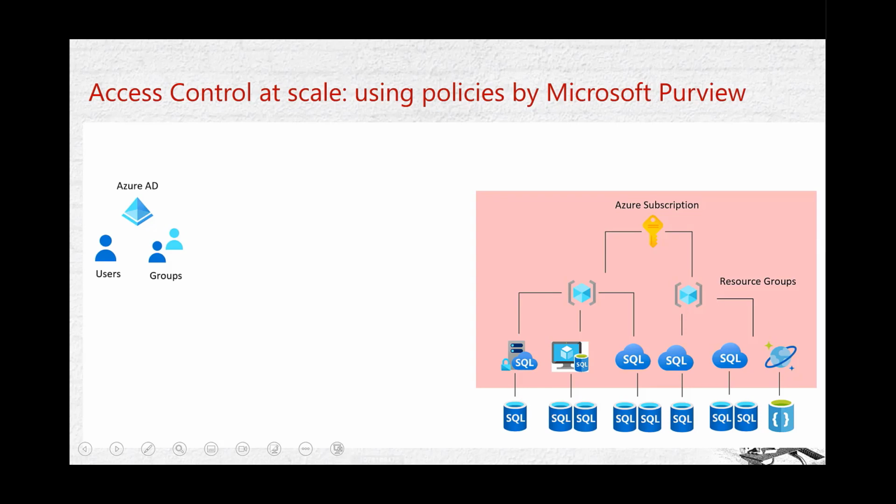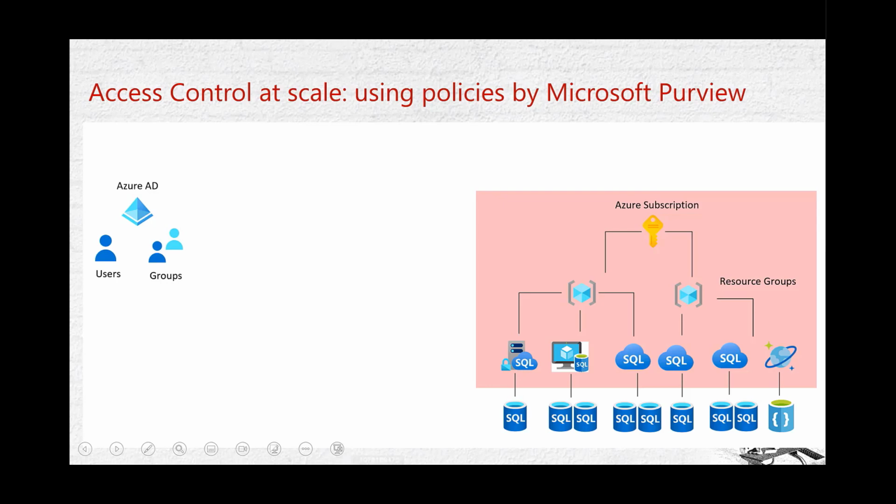Okay, so the general idea of using Microsoft Purview with policies is that you can apply permissions, or have the effect of permissions, that apply to any level of the resource inside your subscription.